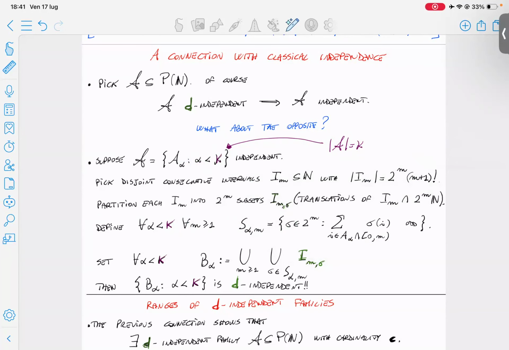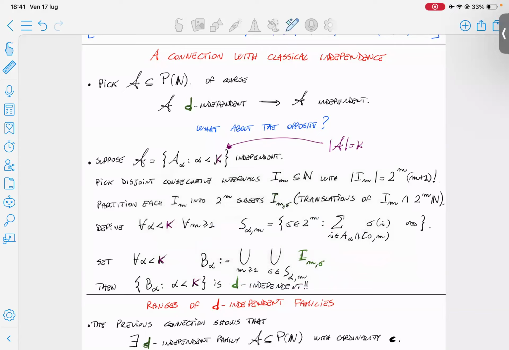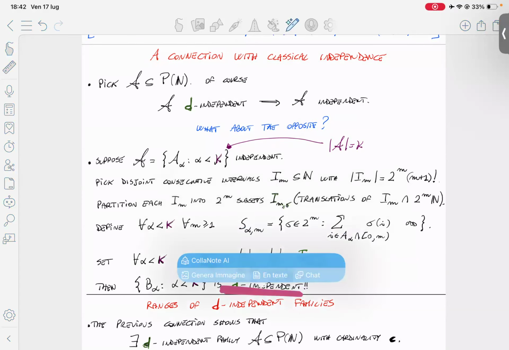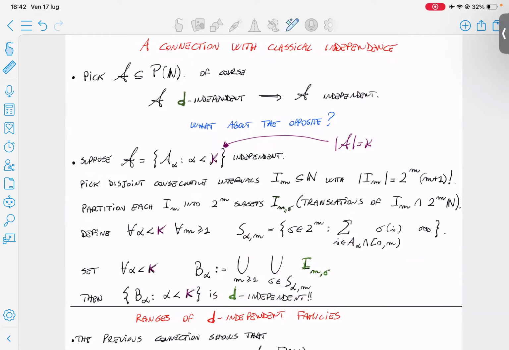And you can check that with this definition, if you define B alpha in this way, so we have all the elements well defined here. For every alpha, we define this B alpha. Then we can check that this B alpha has the same cardinality as the original independent family, and it satisfies the stronger property of independence. Well, this is just a connection between classical independence and something which is stronger.